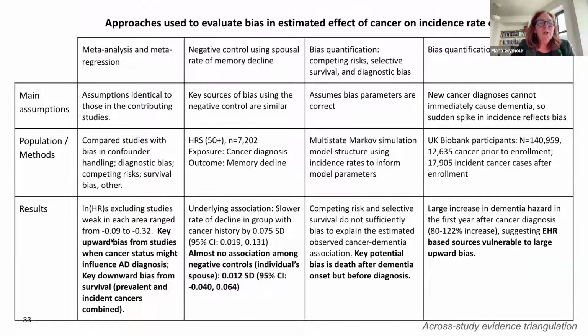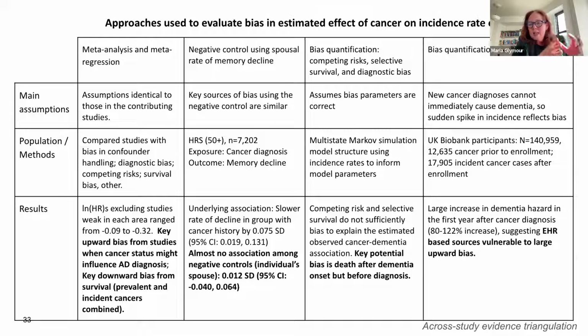So the first thing, which Monica led and Lindsay was senior author, really tried to use a meta-regression approach. She pulled together evidence from multiple different study designs. And a really important contrast, there were a few different contrasts, was studies that she thought were very vulnerable to confounder bias because they didn't have good confounder lists, studies very vulnerable to diagnostic bias, studies very vulnerable to competing risks, survival bias, and so on.